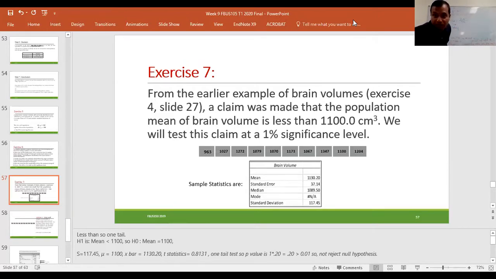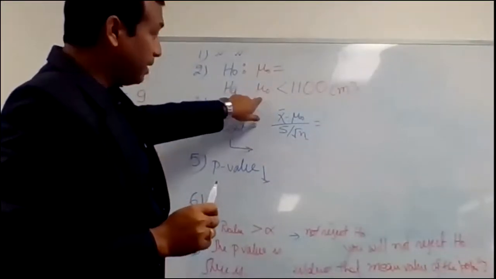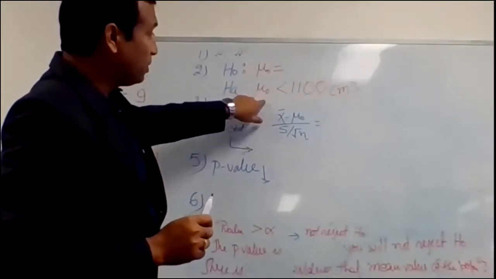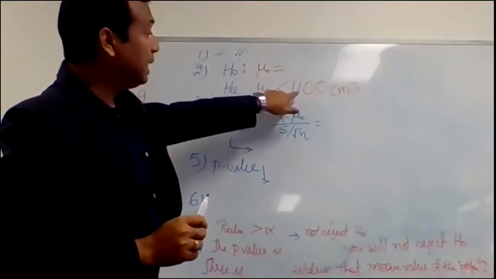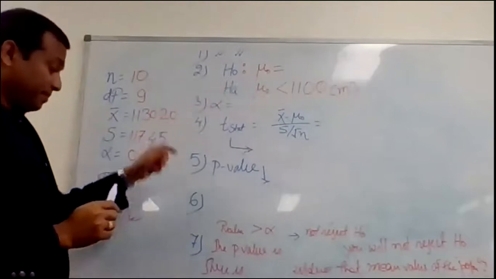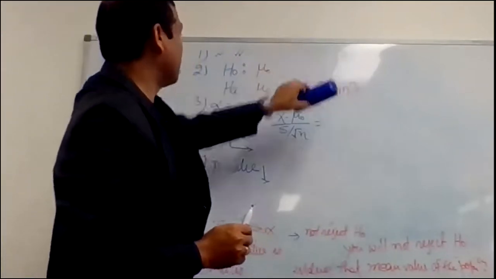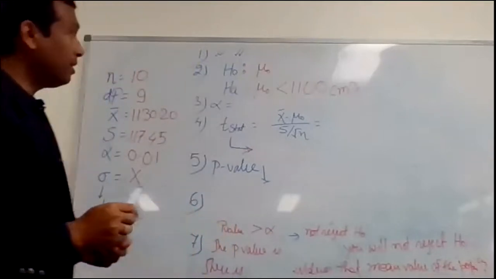Let me take you to the whiteboard. So what is the alternative? The claim is the brain volume is less than 1100 centimeter cube. So what is your null hypothesis? Could anyone tell?